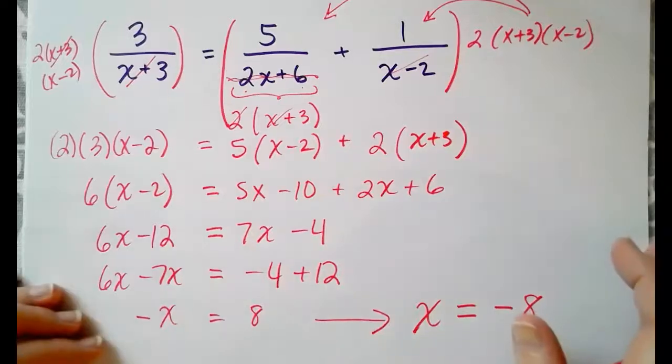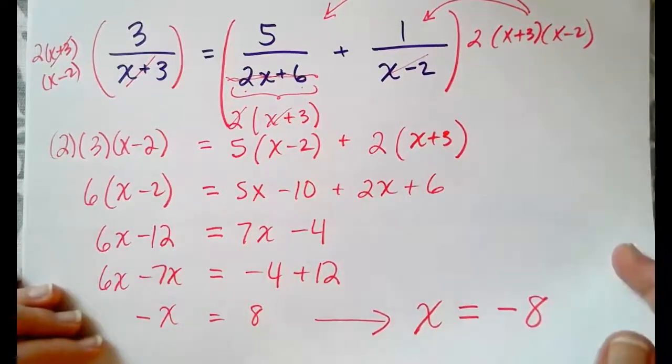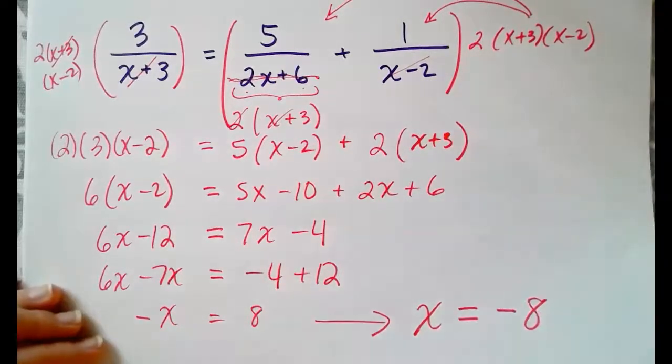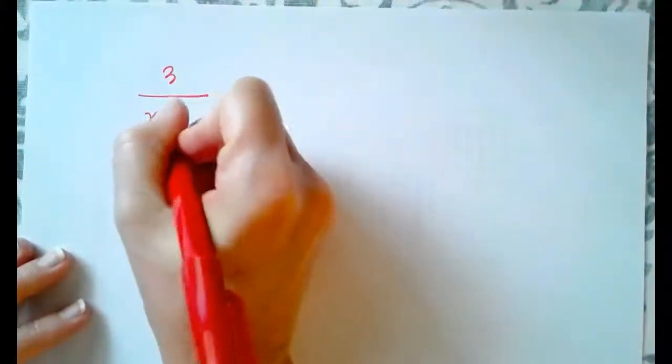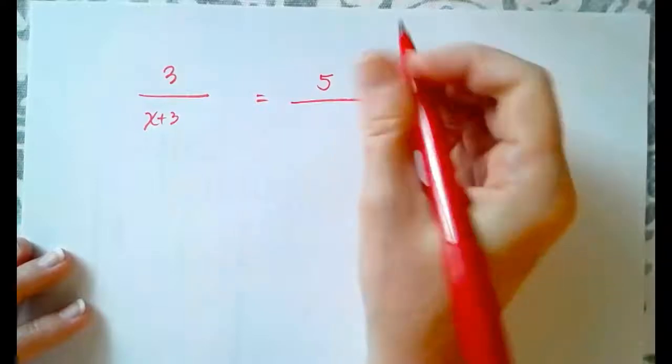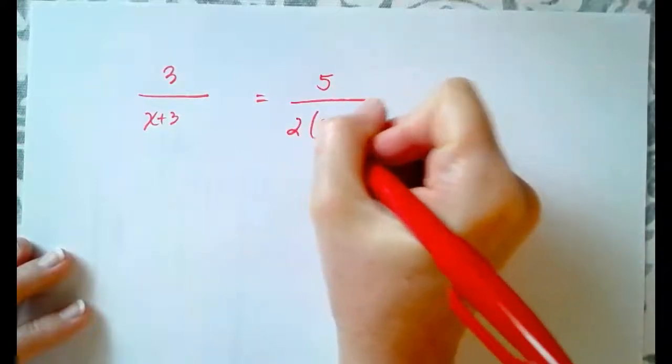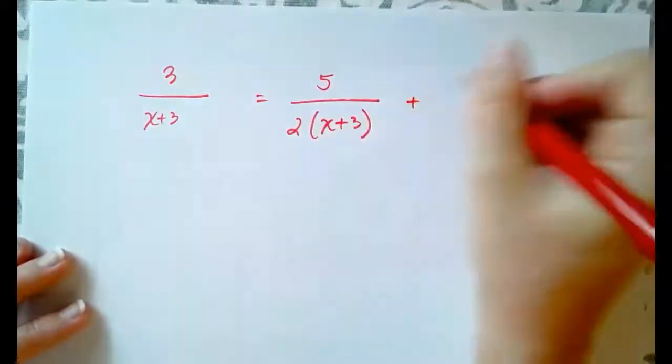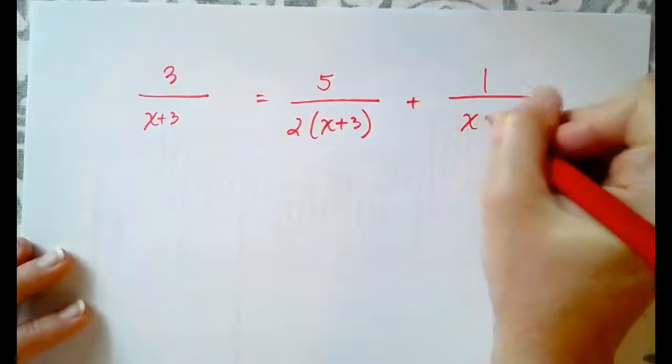Let's do this problem one other way, and then we'll talk for a minute or two about the whole idea of restricted values. So same problem. 3 over x plus 3 equals, and I'll go ahead and write the next one factored, 2 times x plus 3, and then 1 over x minus 2.